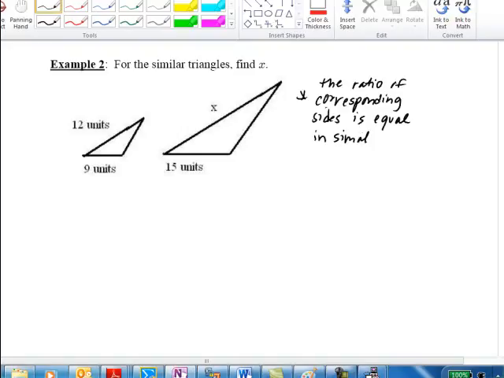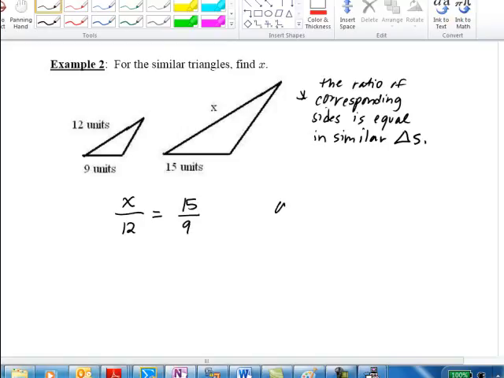So the side we're looking for is x. If I took x to 12, that should be the same as this other side that we know, 15, to the corresponding side in the smaller triangle, which was 9. We can set it up that way.